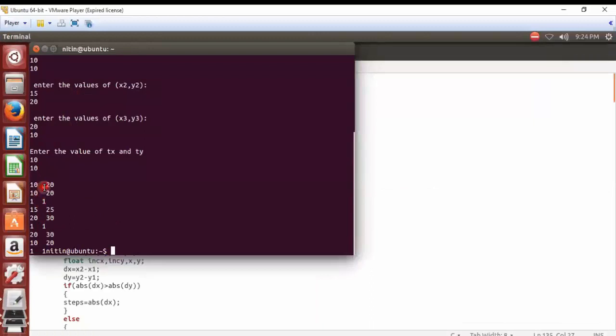These values are updated here. The first point 10, 10 will get updated to 20, 20 because we are going to add the translation factors tx, ty, 10, 10 to the previous values. And the identity matrix last will be 1, so that is printed as it is. 15, 20 we add 10, 10, and 20, 10 we add 10, 10. So this is translation.